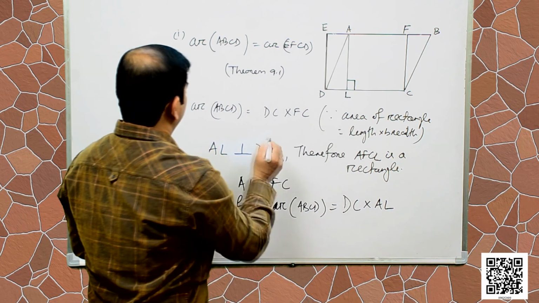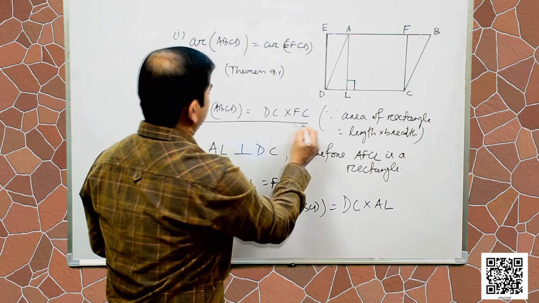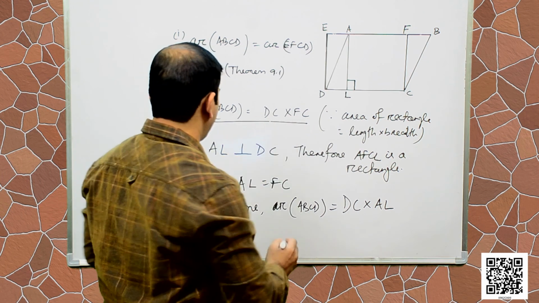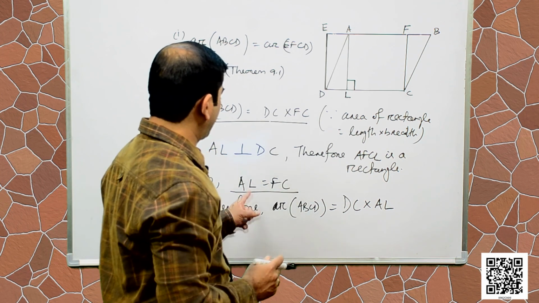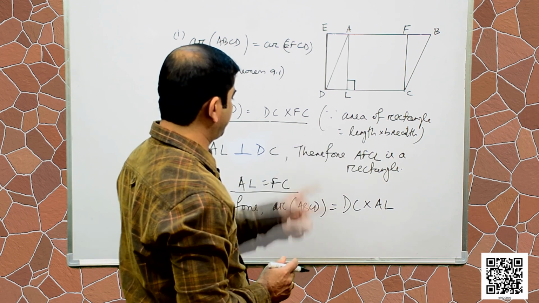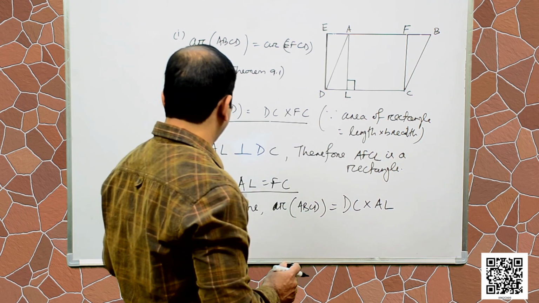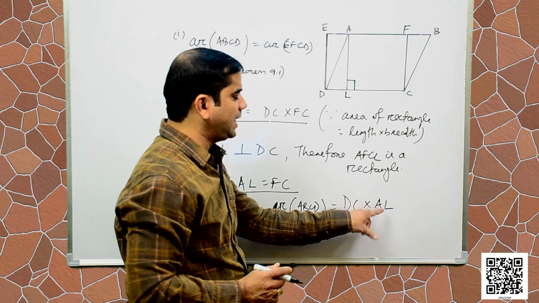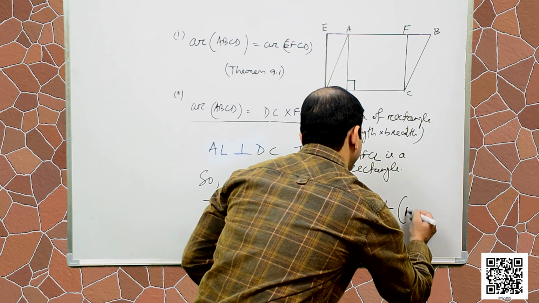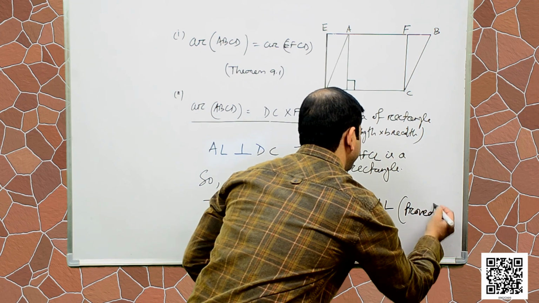See, in this equation we have found that area ABCD is equal to DC into FC, and from here we know that AL is equal to FC. So, by substituting the value of FC as AL, we can get area ABCD is equal to DC into AL. Proved.